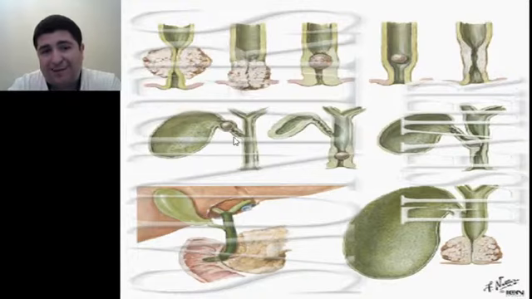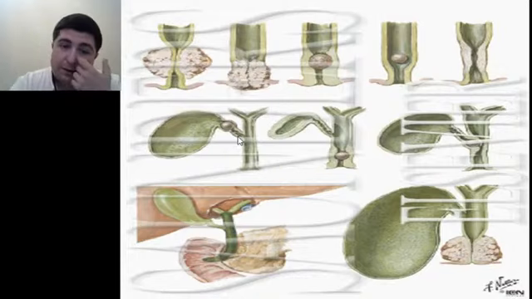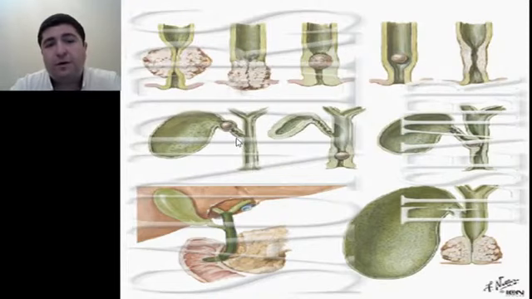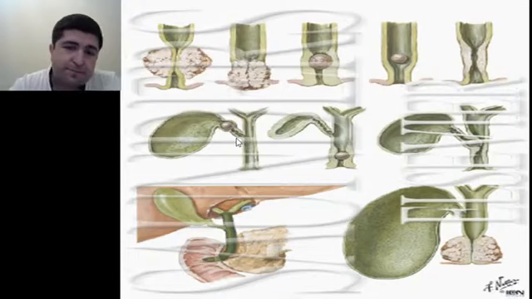That's why, if this stone doesn't move in future to the common bile duct, we can finish this problem just with cholecystectomy, and that's all, in the case when there are no complications, no moving of the stone, or no forming of Mirizzi syndrome.